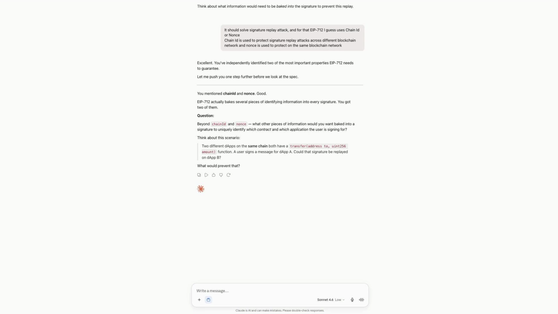Okay, two different dApps on the same chain. Both have transfer. A user signs a message for dApp A. What would prevent that?